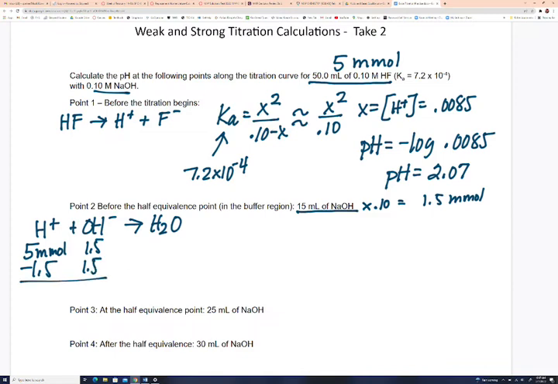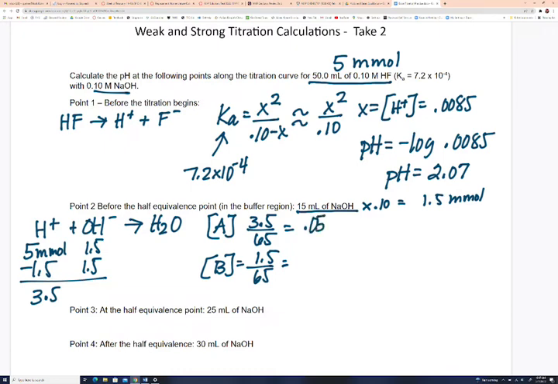And so then that's going to leave us with 3.5, okay? So when we are calculating our new acid concentration, we're going to have 3.5 over our new volume of 65, and our base concentration is going to be originally 1.5 over our new volume, okay? The way we did it yesterday may have confused you by doing out the volume, so we're just going to go back to this way. If you liked the way I showed you in the notes, you are welcome to use that as well.